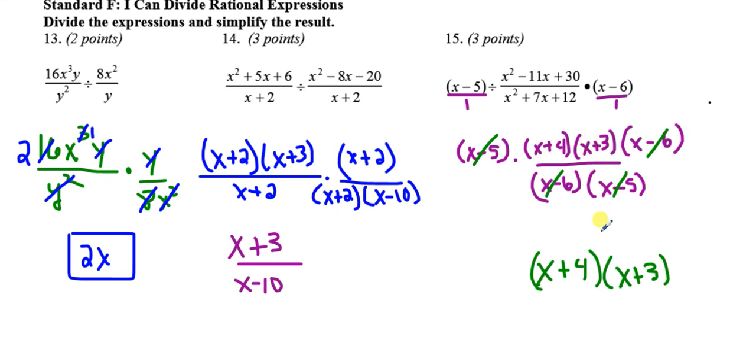So there's a few values that you can't use. But for this, we don't have to say what they call extraneous solutions. This one we don't have to worry about. It's just x plus 4, x plus 3. When we get into the second part of Chapter 9, we'll get into that.